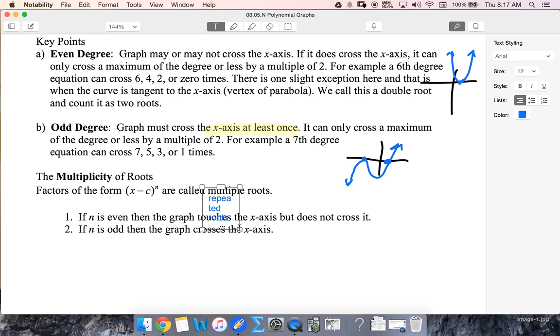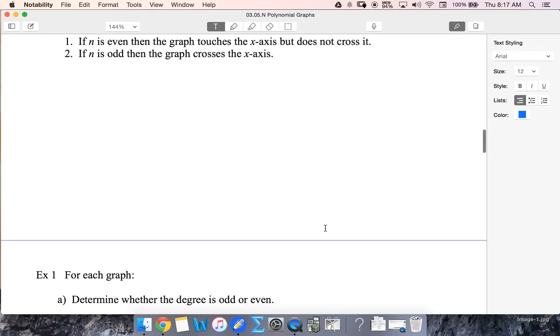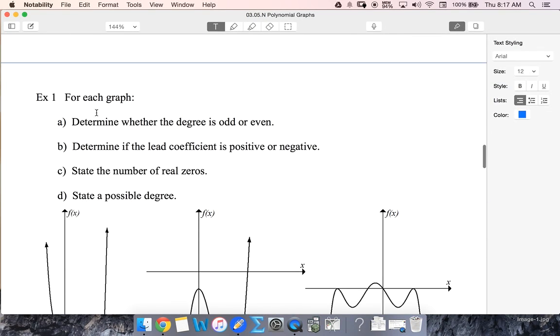So in those cases, we touch the x-axis, but it's like we bounce off of it. So we don't actually cross it, we just bounce off of it. Our odd graphs, again, are always going to cross at least once because it points in opposite directions. So now in the next video, we are going to come back and start looking at graphs.